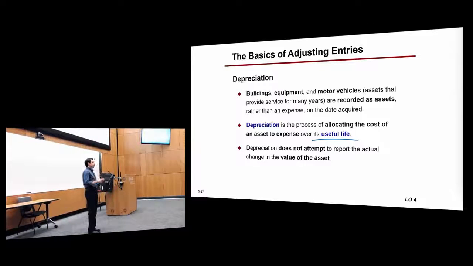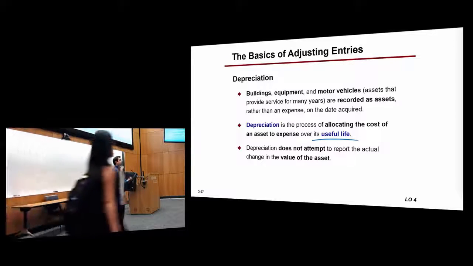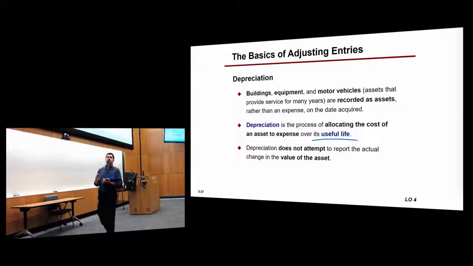The information in the unadjusted trial balance is most of the time out of date, so in order to bring it up to date, we have to make certain adjusting entries. And we said that there are two types of adjusting entries: deferrals and accruals.